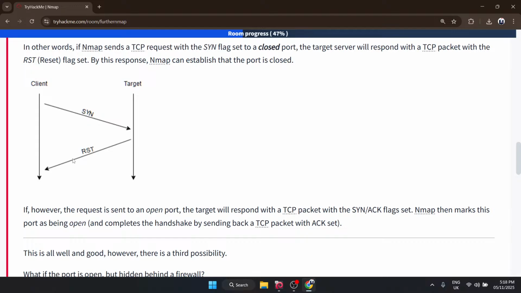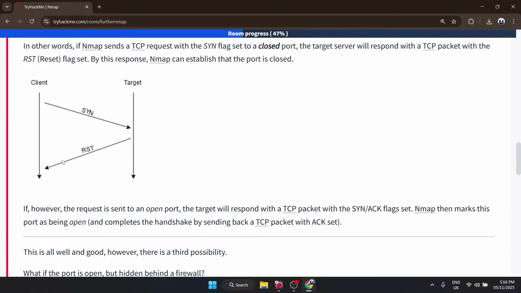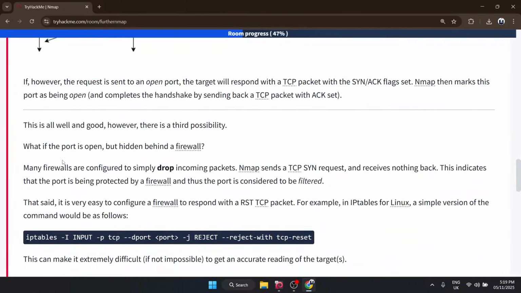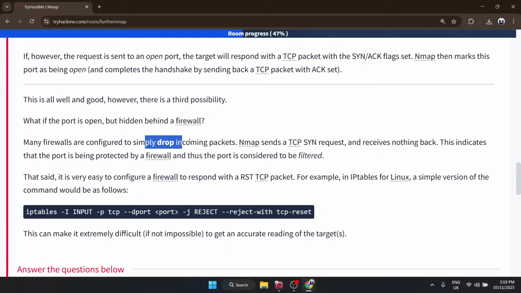Then you can see that those are filtered because there is no reply getting back from that specific target machine. So many firewalls are configured to drop those SYN packets, and this indicates that the port is being protected by a firewall. Thus, the port is considered to be filtered.